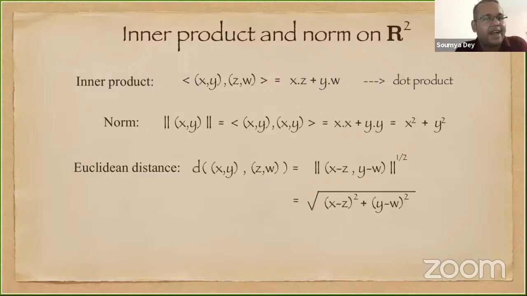Soumya? Yeah, hi. Somebody has put in the chat box, which is right, the norm of xy squared is equal to x square plus y square. On the left hand side or right hand side, you should have a square root to be consistent with your later thing.